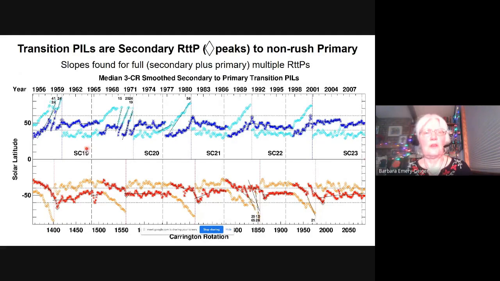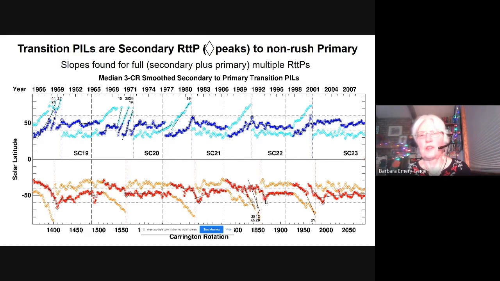So this is here. And we find, again, the rush to the poles, but here we're looking at from the secondary through the primary. And it's a smooth continuation. So we will look at that, and sometimes we'll find various slopes. If the slope is too long, then we do a shorter slope. And so it's 25 Carrington rotations here, it's 12 Carrington rotations there.